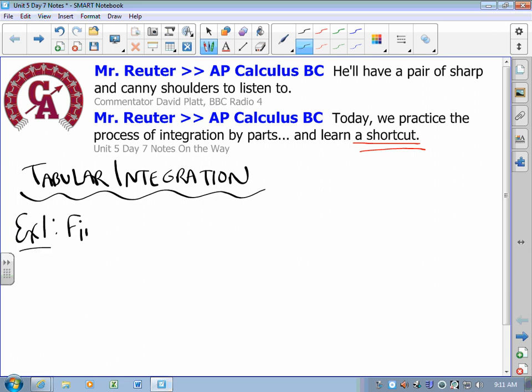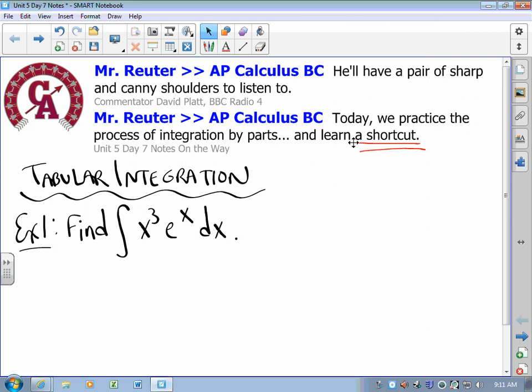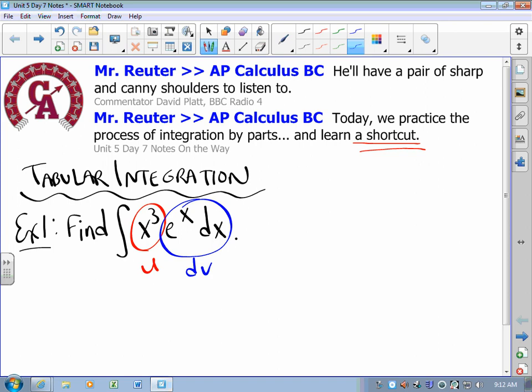What I'd like to do is find the integral of x cubed e to the x dx. How do you find the integral of x cubed e to the x dx? Well, we would do integration by parts, where we would let this be the u and this be the dv, and we would take the derivative of x cubed, get 3x squared.